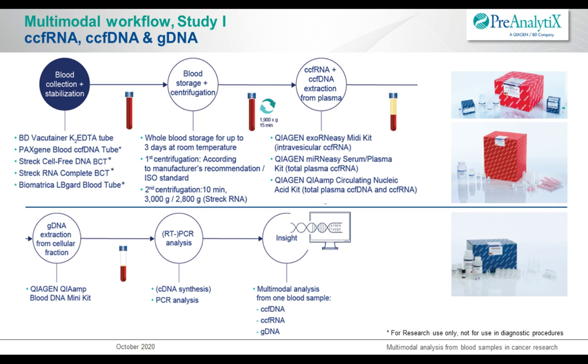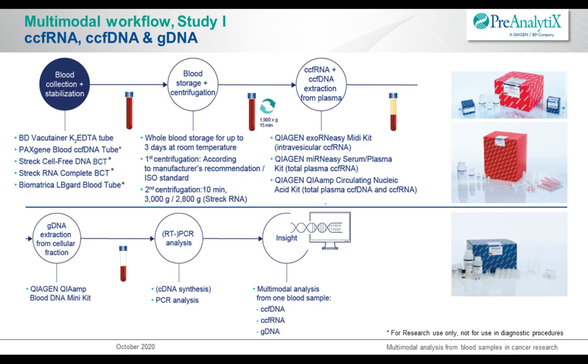So we worked with the exoRNeasy kit, which is focusing on the exosomal RNA. So we have the isolation of the exosomes and then isolate the RNA. We work with the miRNeasy kit, which isolates the RNA from the complete plasma, exosomes as well as other external RNA.